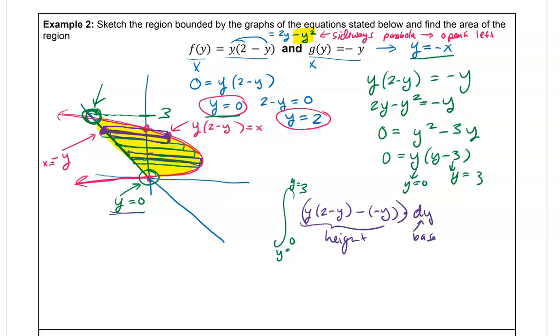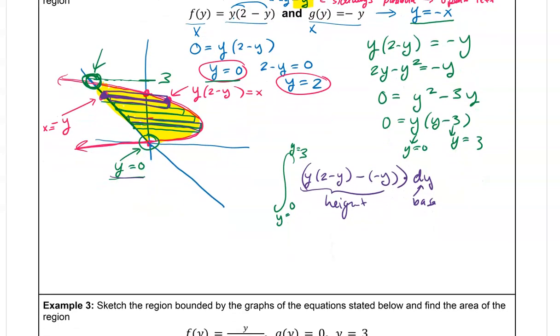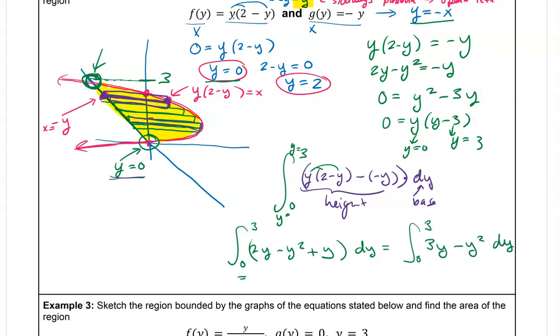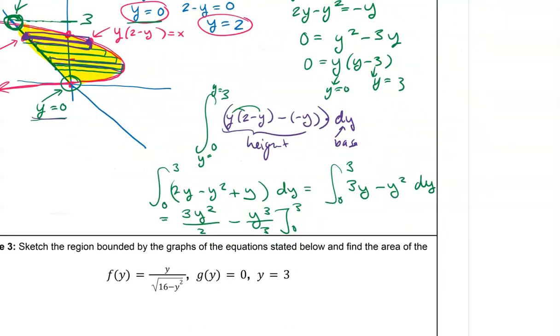So I would just need to evaluate this integral to get the area of that yellow section. So now I will just slowly work through the process here. Distribute, combine like terms, and then take the antiderivative. Evaluate at 3, at 0, and then subtract.